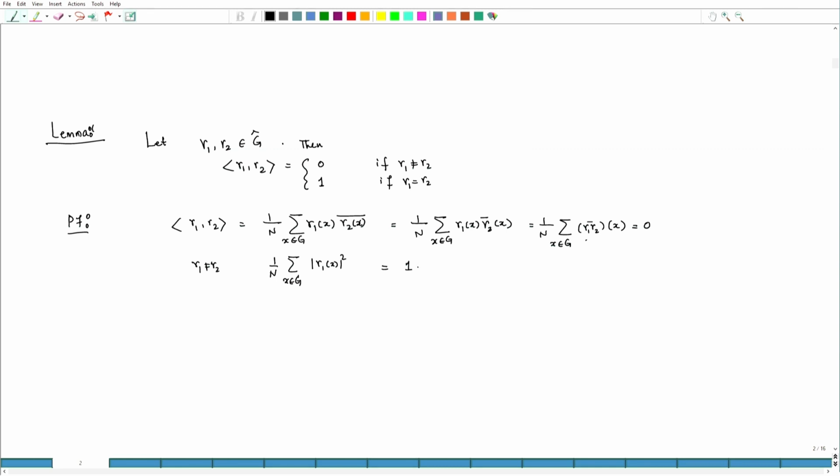So, they are orthonormal. Now, what we have seen is that all these characters form an orthonormal basis for the corresponding vector space of functions over Z n.